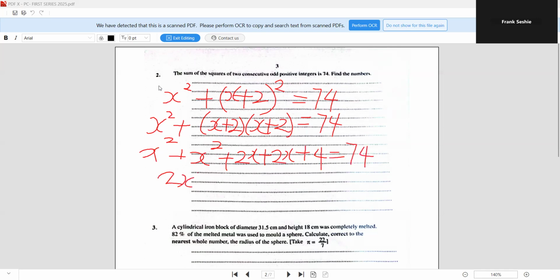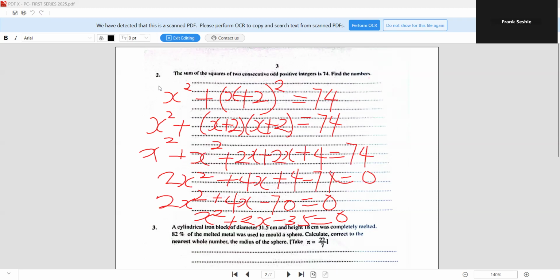So you have 2x squared plus 4x plus 4 minus 74 equal to 0. So you have 2x squared plus 4x minus 70 equal to 0. I can reduce this by 2. I'm going to have x squared plus 2x minus 35 equal to 0.